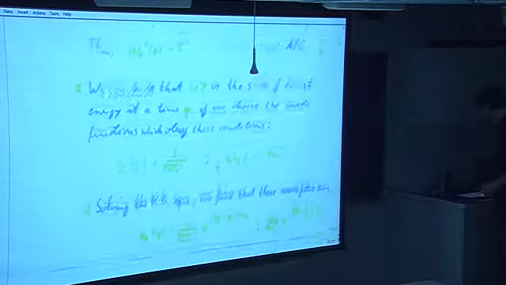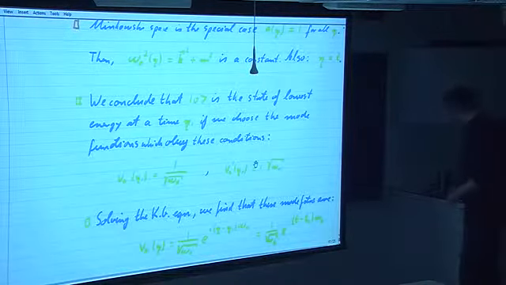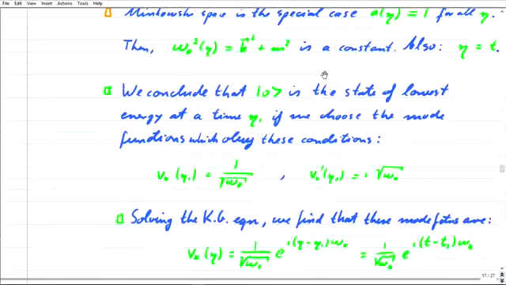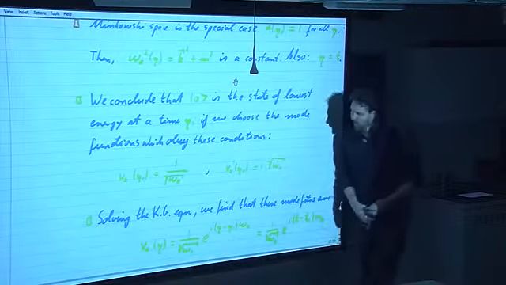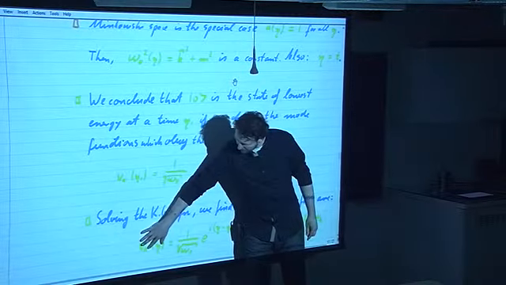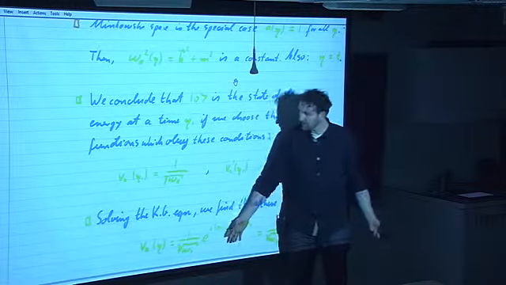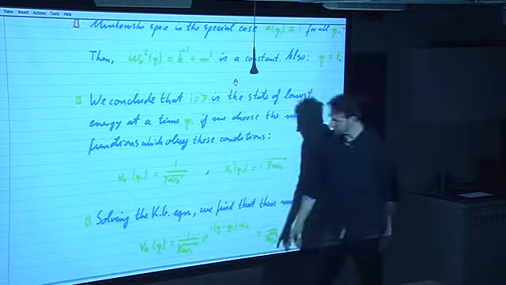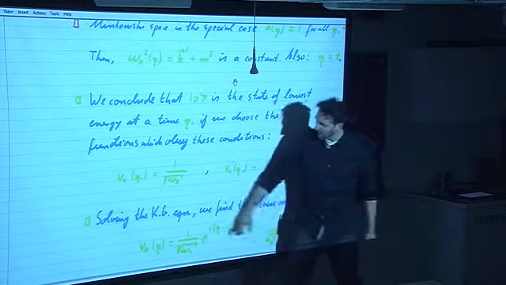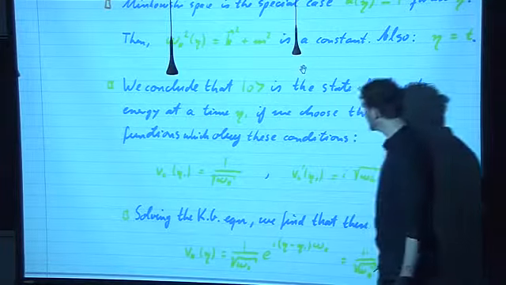Now, in the case of Minkowski space, we can easily integrate what that means. We can solve the Klein-Gordon equation with these initial conditions. And the answer is that this is the solution. This is the mode function for all time. If you evaluate that at eta 1, you get this value. You see, if eta is equal to eta 1, this is 0, and you just have that v_k of eta 1 is this, right, the initial condition.